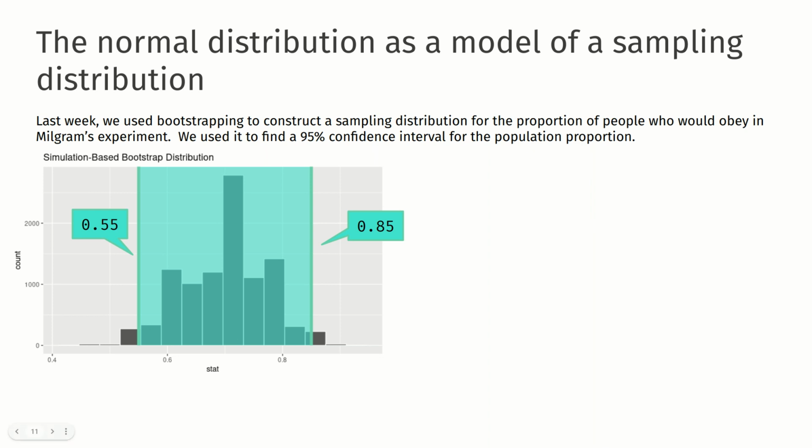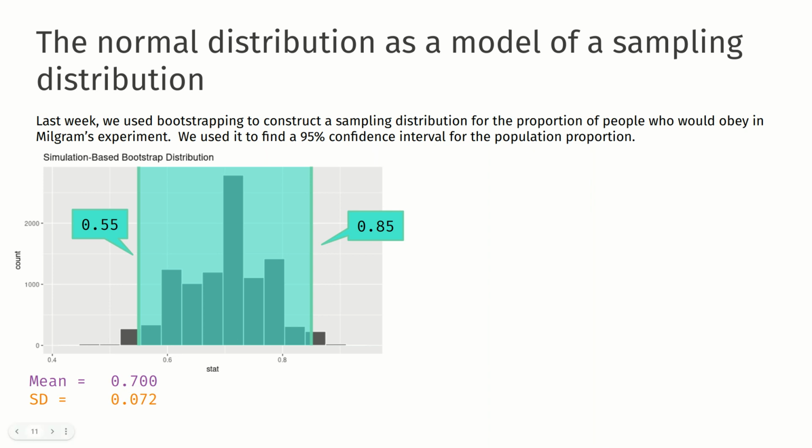You can see it doesn't quite have a clear bell shape, although it has something that's sort of reminiscent of a bell shape. And the mean of this distribution here is about 0.7, and its standard deviation is about 0.072. How did I find that out?